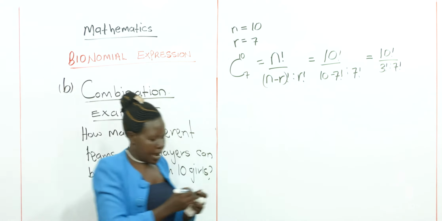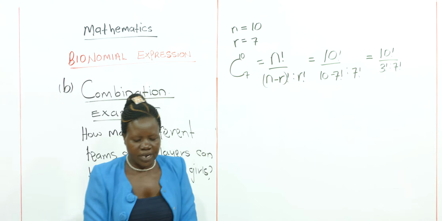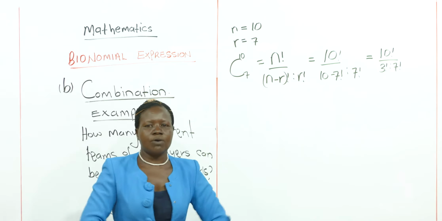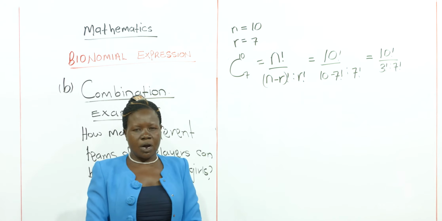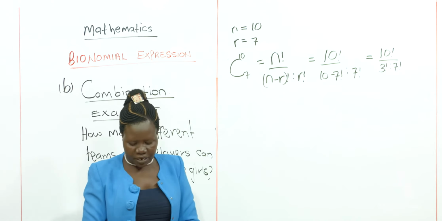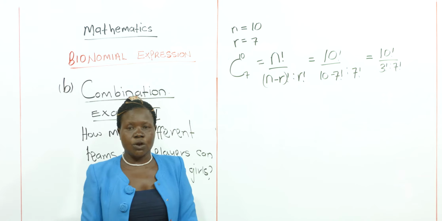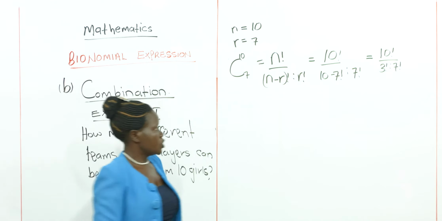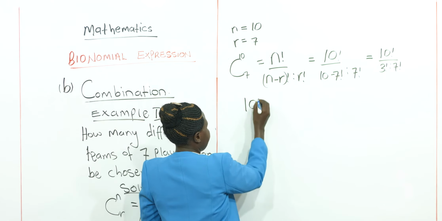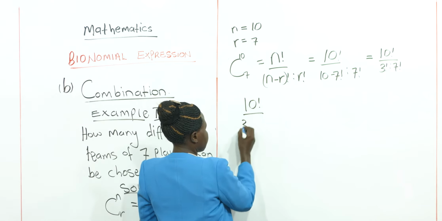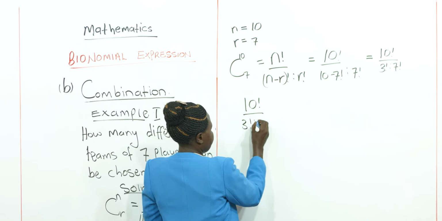Up to that level, you now know that if I get any number's factorial, I am to move down from that number until I reach the lowest term, which is 1. So we have 10 factorial over 3 factorial times 7 factorial.